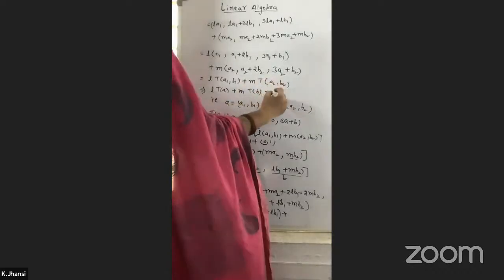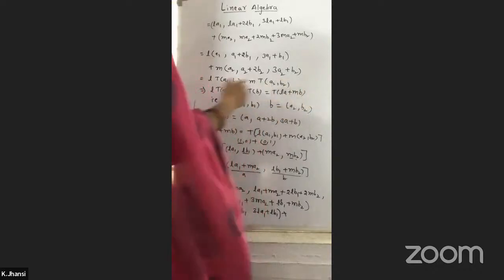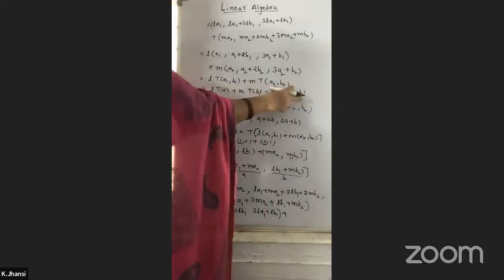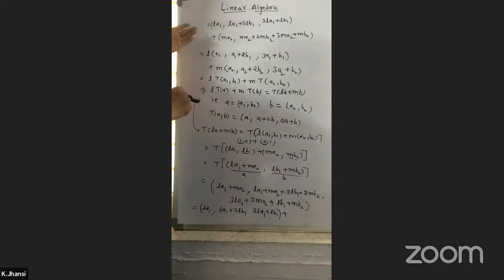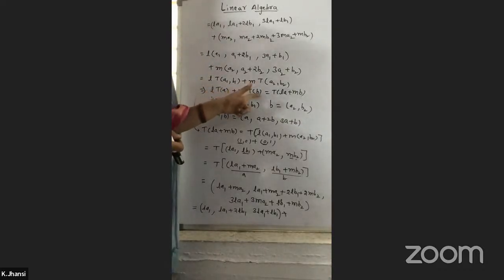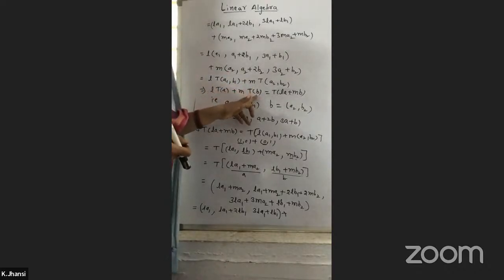This is T of LA plus MB. So T of LA plus MB is equals to L into T of A plus M into T of B. So instead of, in the question, if he is asking X comma Y or alpha comma beta, means L into T of alpha plus M into T of beta or L into T of X plus M into T of Y. Okay.